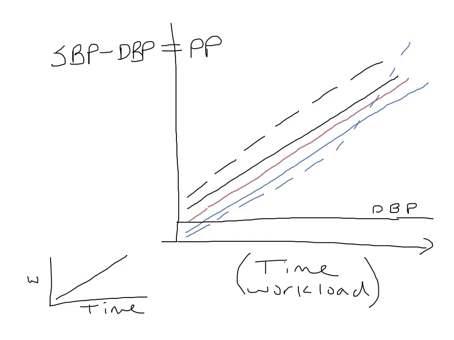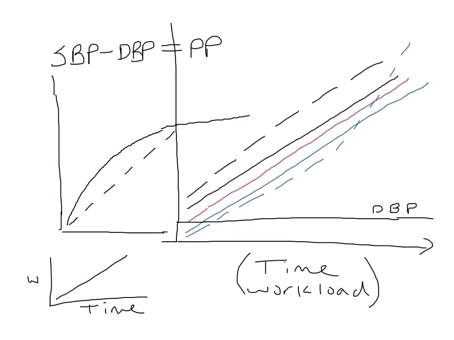Stroke volume. I'm going to make another chart here for stroke volume. The amount of blood ejected from the heart with each beat. This tends to increase logarithmically. It plateaus at about 50% of the workload. Respiratory rate and tidal volume have variable responses in different people, but they both can be said to roughly increase linearly.